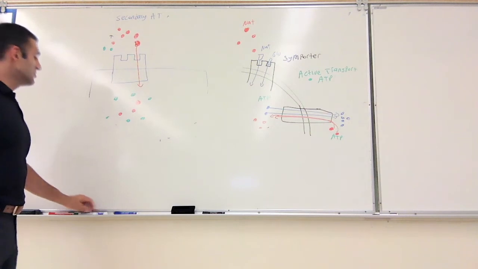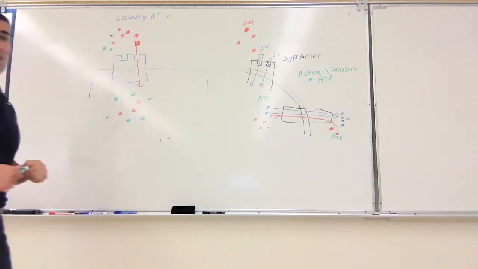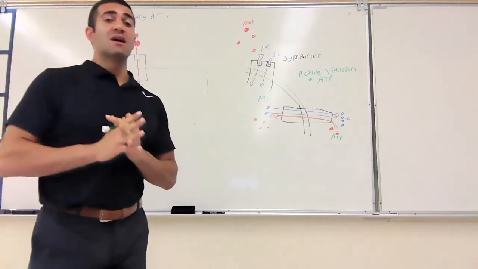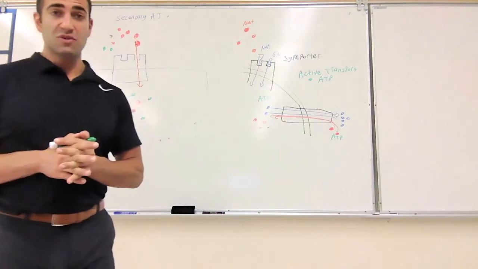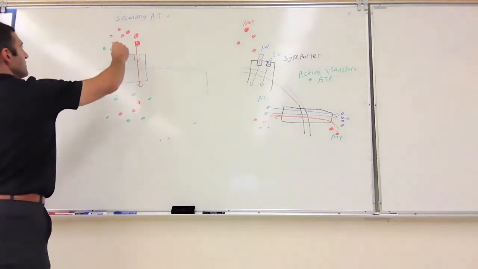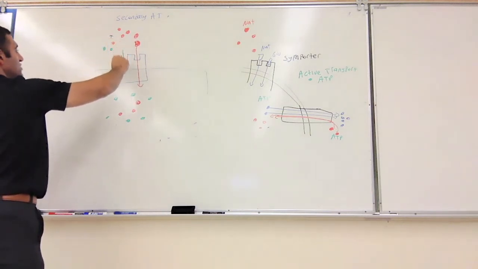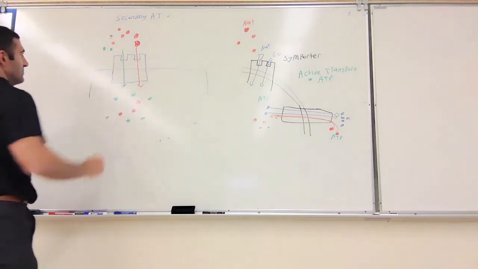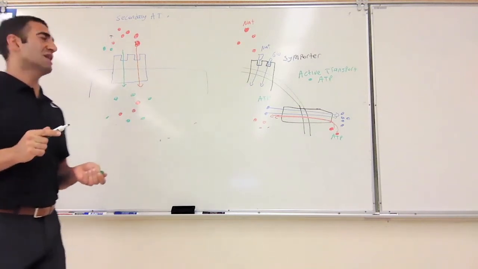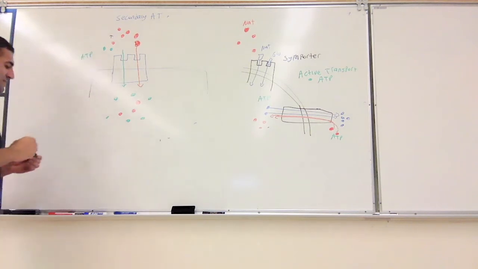What it is going to do now is, because as we'll learn later on, oppositely charged molecules attract each other, as sodium goes down, glucose is going to go against its concentration gradient because it's dragged along by the sodium. Now this is still going to use some ATP, but less. So I'm going to put down ATP, but less.